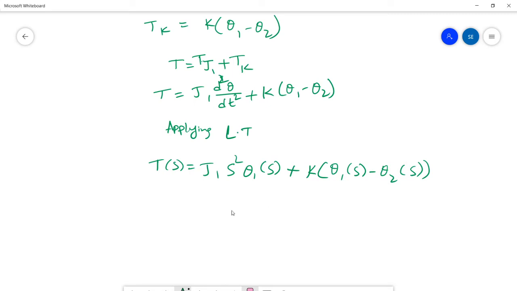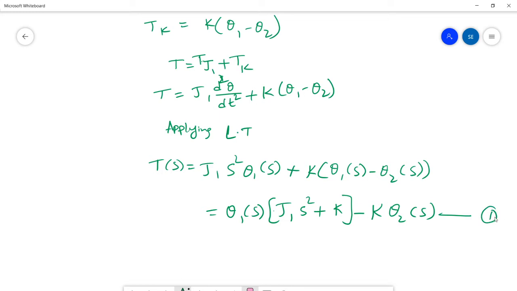So we will separate theta 1 terms and theta 2 terms: theta 1 of s into J1 s square plus K, minus K into theta 2 of s. Let us consider this as equation 1. We'll be using this to get the overall model.